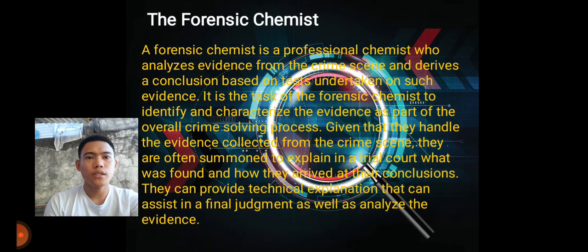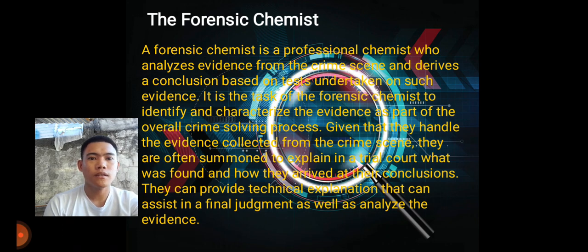The forensic chemist is a professional chemist who analyzes evidence from the crime scene and derives conclusions based on the tests undertaken on such evidence. It is the task of the forensic chemist to identify the characteristics of evidence as part of the overall crime solving process.